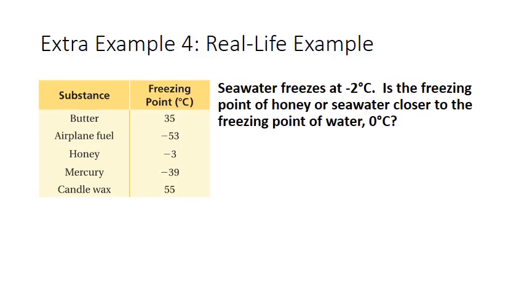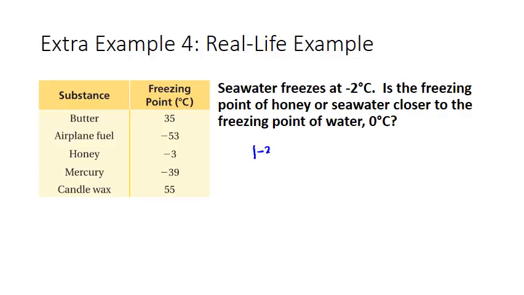As an extra example here, we can talk about comparing seawater freezing at -2 degrees Celsius and which is closer to the freezing point of water, honey or seawater. Now as we look at this, we remember that honey has a -3 degree freezing point. So we'd say, okay, honey would freeze at -3 degrees Celsius.